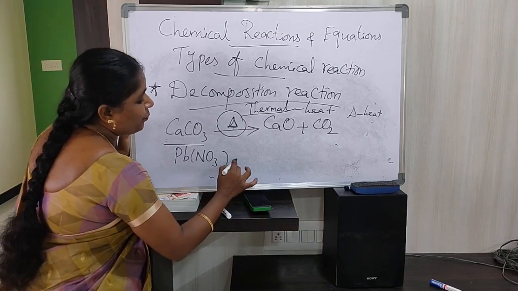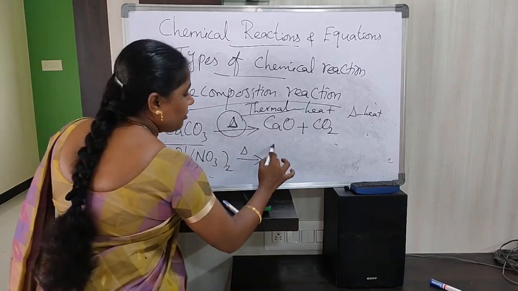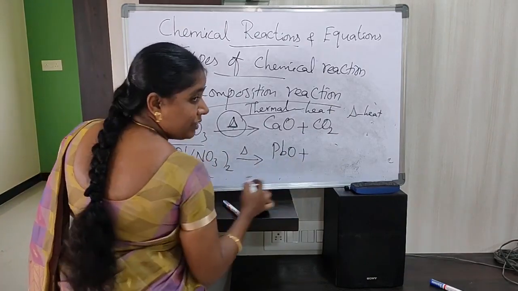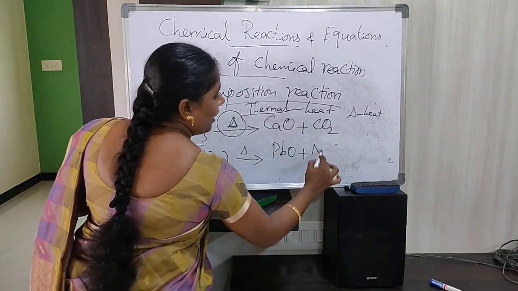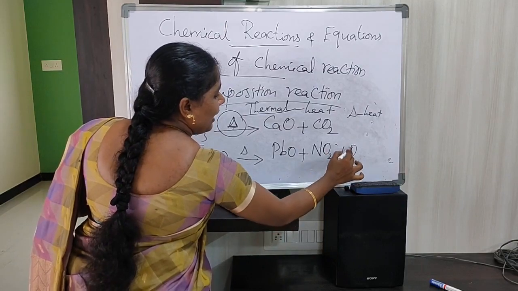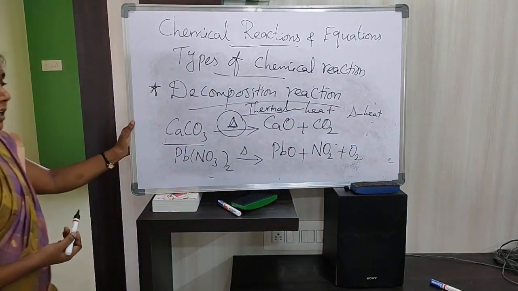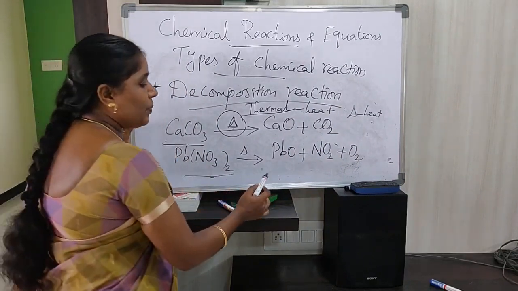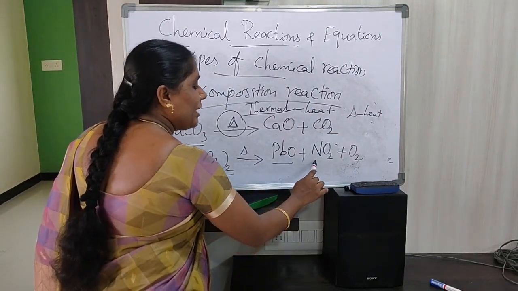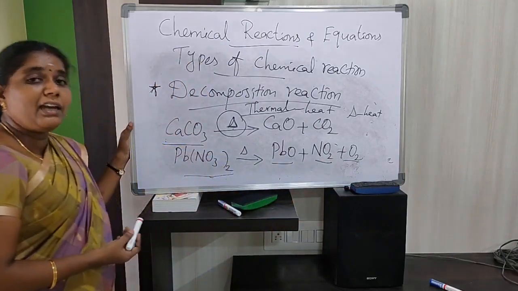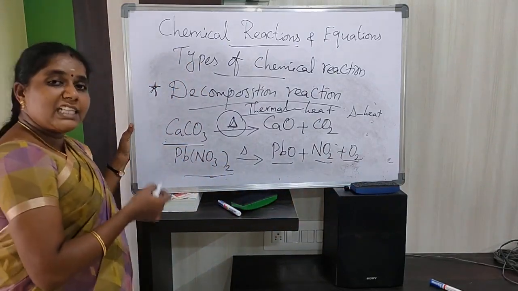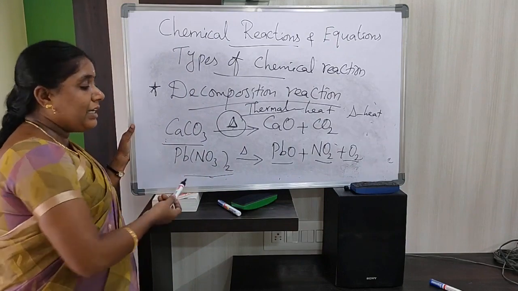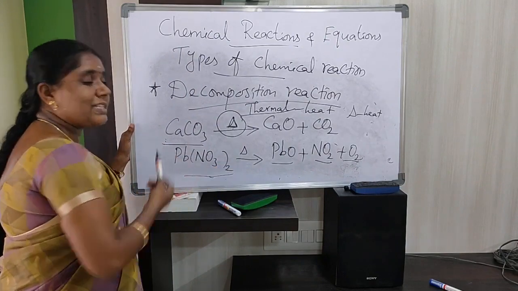And next we have some more examples, that is Pb(NO3)2 on heating gives PbO, that is lead oxide, nitrogen dioxide and oxygen. See here, on heating this lead nitrate, it splits to form lead oxide, nitrogen dioxide and oxygen. During this process also, the decomposition reaction takes place in presence of heat.